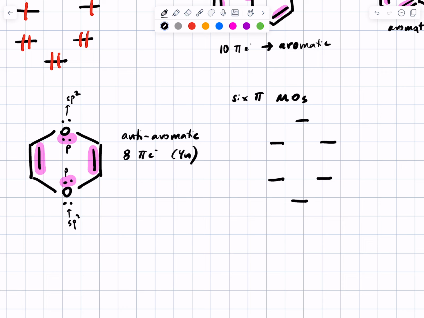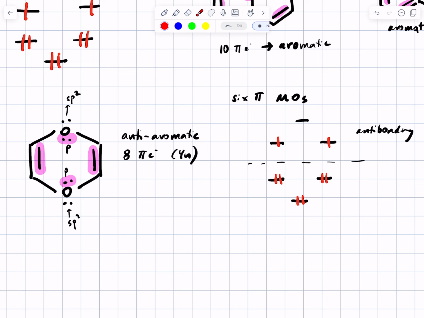If I filled these with 8 electrons, 2, 4, 6, 8, you can tell how bad this is because I essentially have 2 electrons unpaired, it's a diradical, and they're in an antibonding orbital. So that's kind of bad.